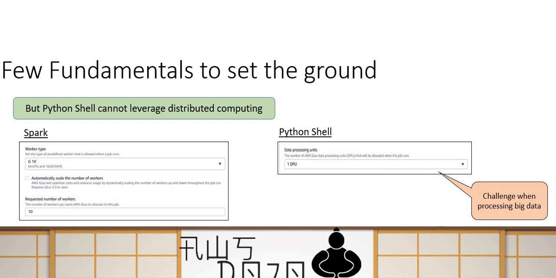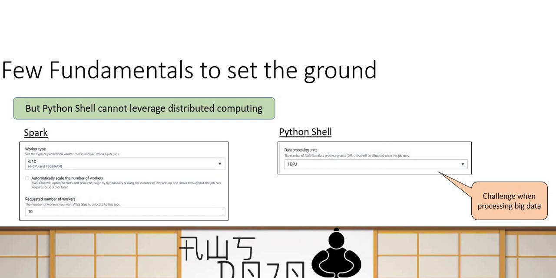Either you are not able to process it at all because your compute power is not sufficient, or you process the data but processing takes a longer time to finish because you're not doing parallel processing. So the challenge is that Python shell based jobs, if you create them inside Glue, cannot leverage the distributed computing which is provided by Glue.